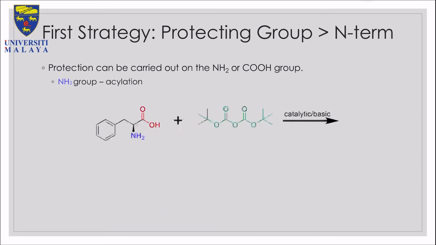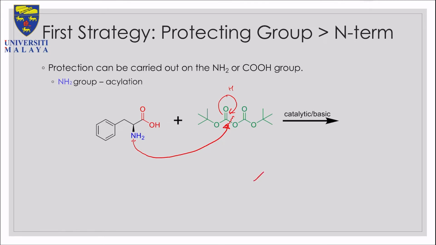So what are the chemistries involved? As I mentioned, the lone pair of your amino group attacks the delta positive under catalytic or basic conditions. Then you capture a proton and return it back, and then cleave off this anhydride bond.